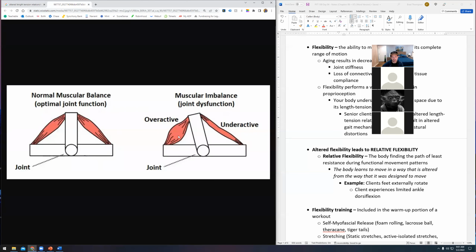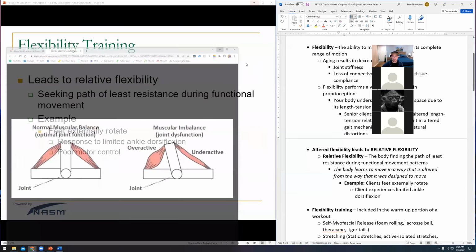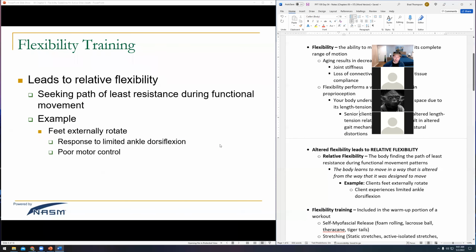If we can keep this section from getting too much scar tissue and too much stiffness and all these problems, we can maintain that full range of motion. And then because we've got full range of motion, your body goes, oh, I know what position I'm in. I'm in the same position I've been in for 60 years. I know how to move properly.